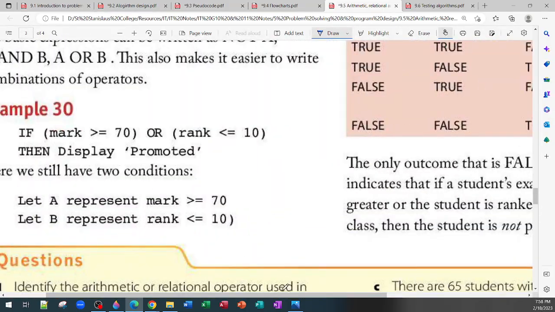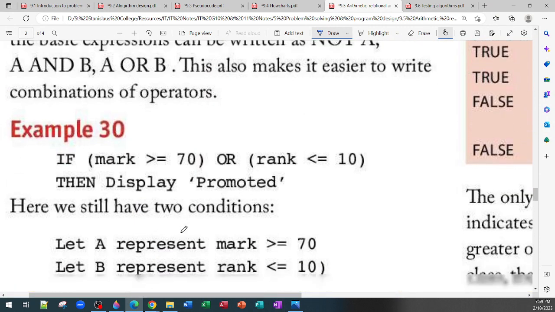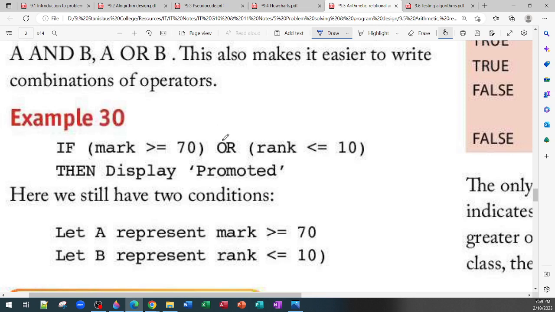If Mark is greater than 70 or rank is less than 10, so if we do false and false, or false and true, what would be the results? It would give you a true, correct.